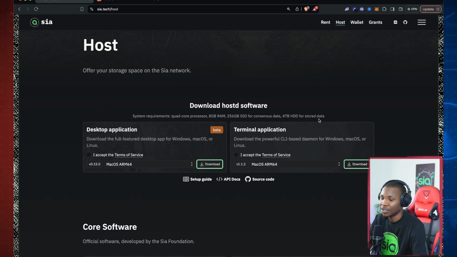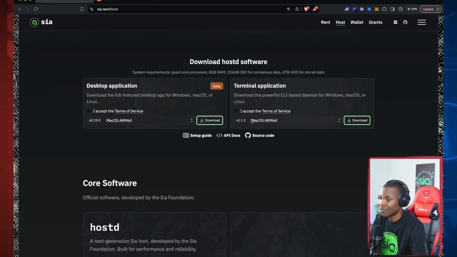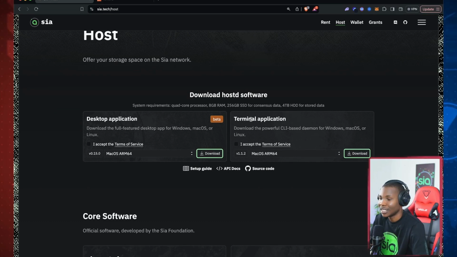Now, if you're into this, if you want to utilize this host service and become a host on the Sia platform, these are the software that you have to make use of. Then you set it up, all done.